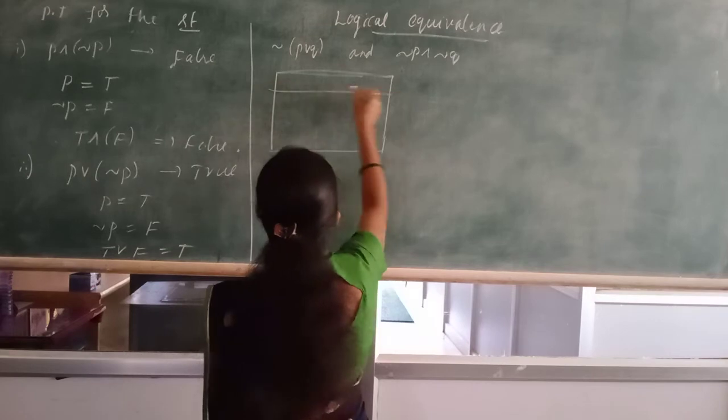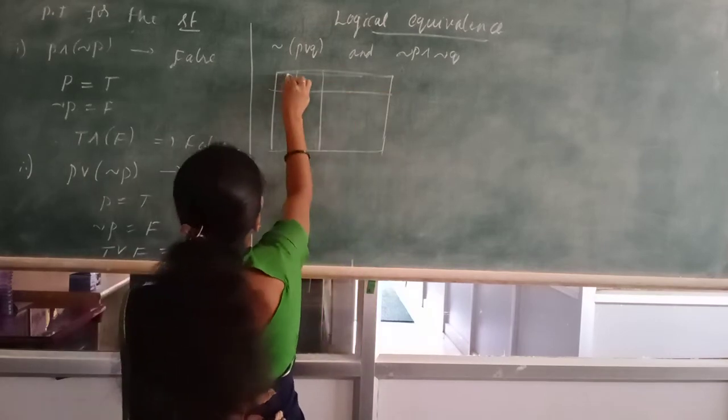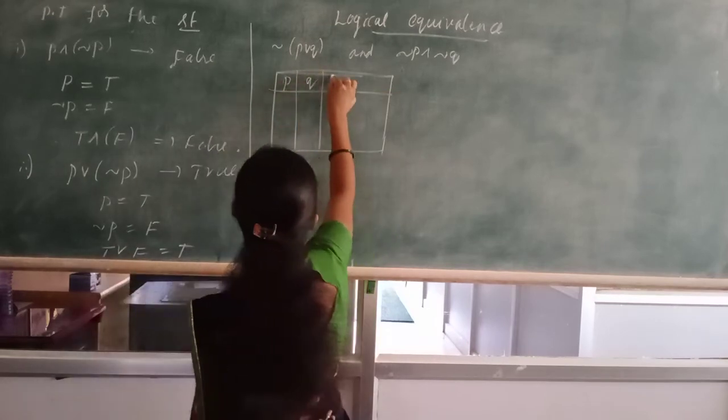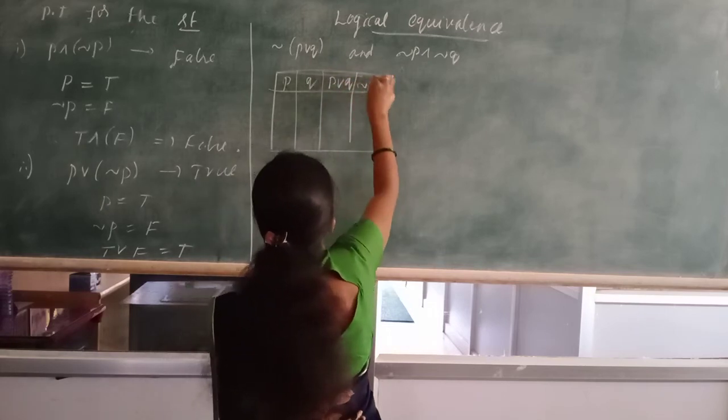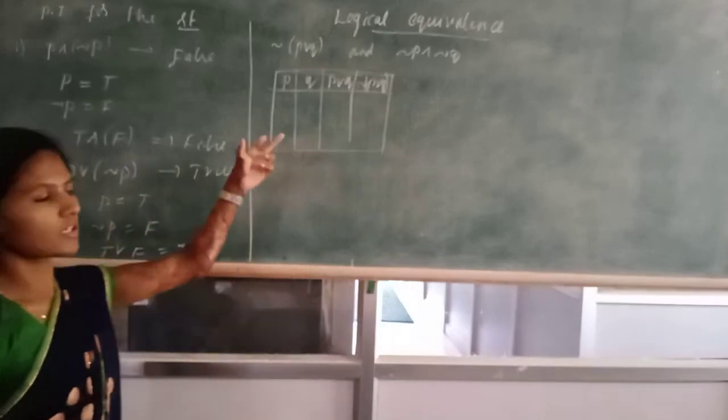Only the two statements are given. So P, Q, first you have to make P or Q, then the negation of P or Q. Negation is for the whole thing, that is P or Q.